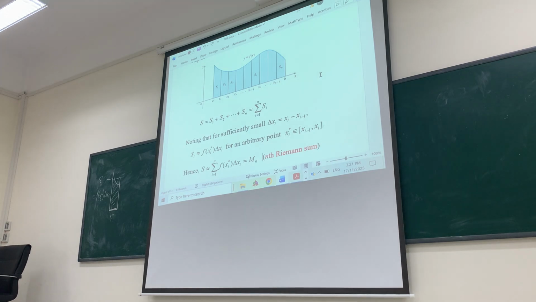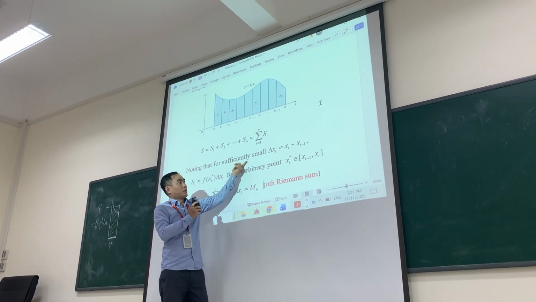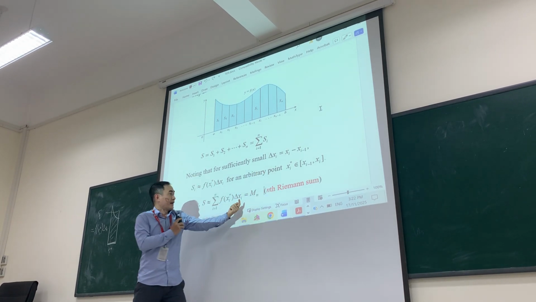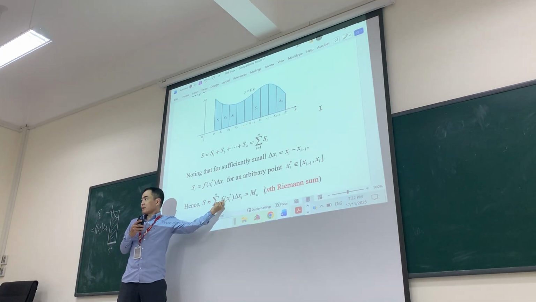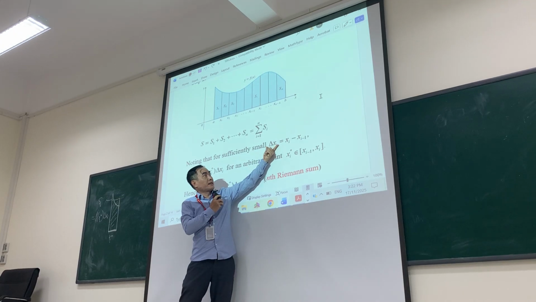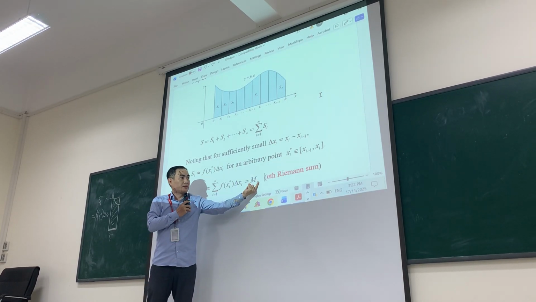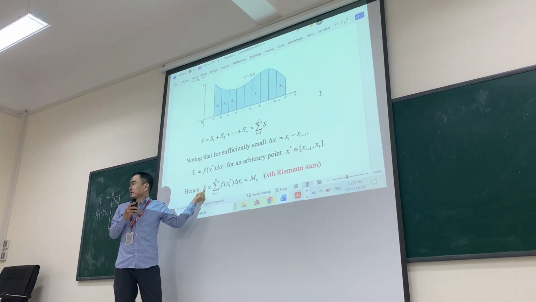Now, continue. You can see that if each increment delta xi is small, we have Sn approximating the area. If delta xi is small, we have the Riemann sum, and the Riemann sum tends to the area.